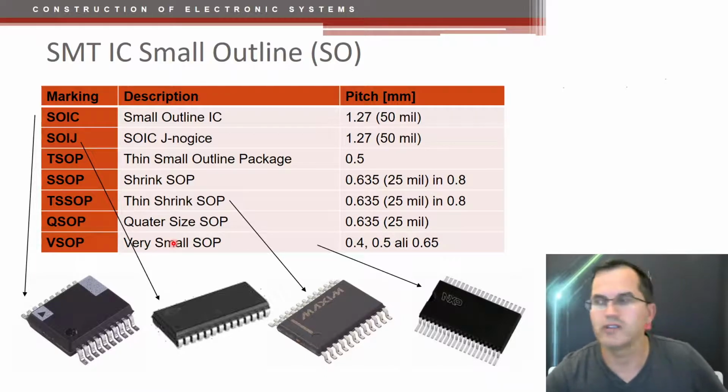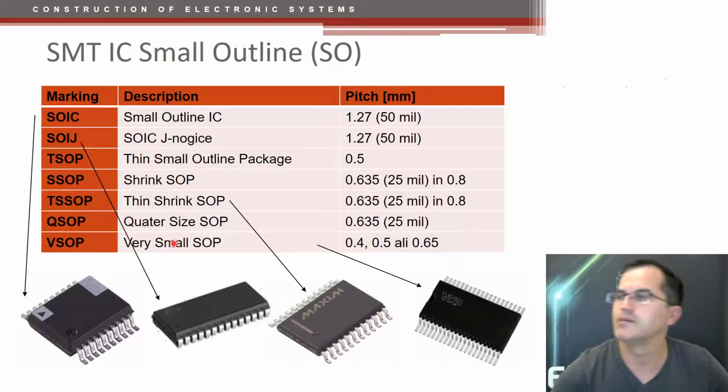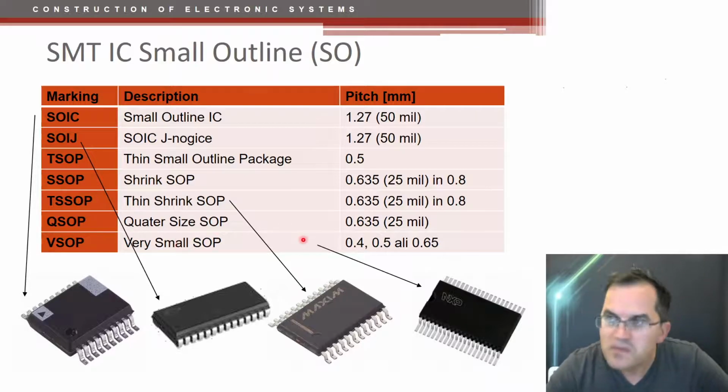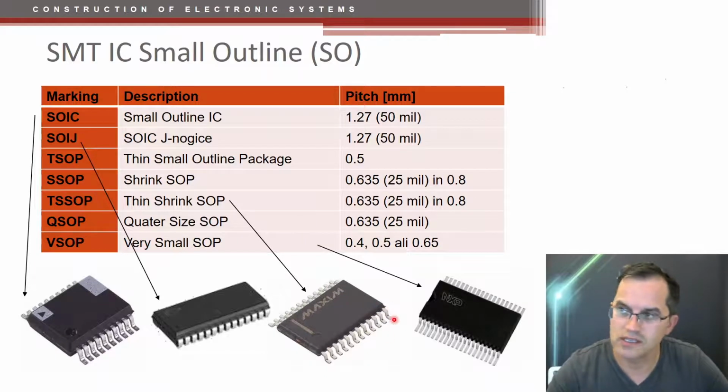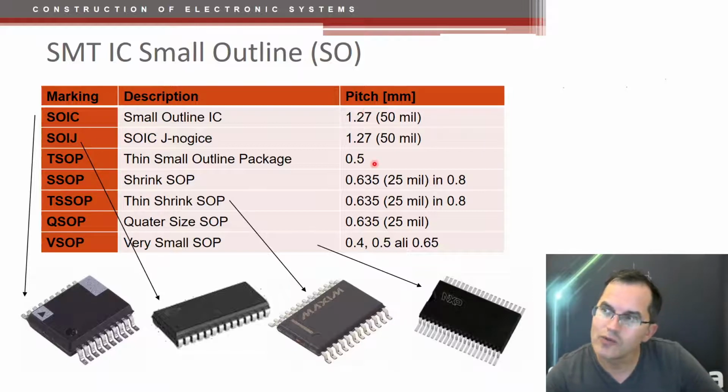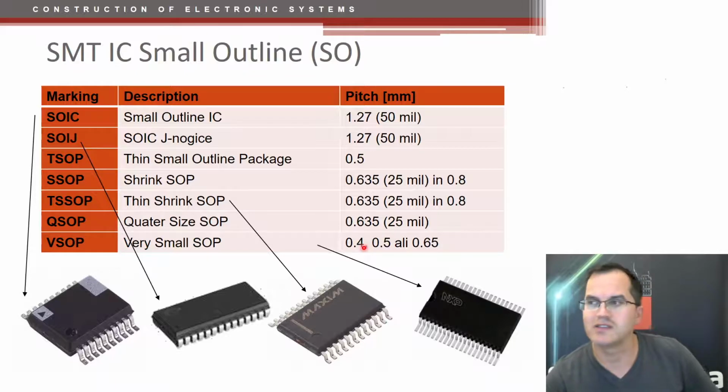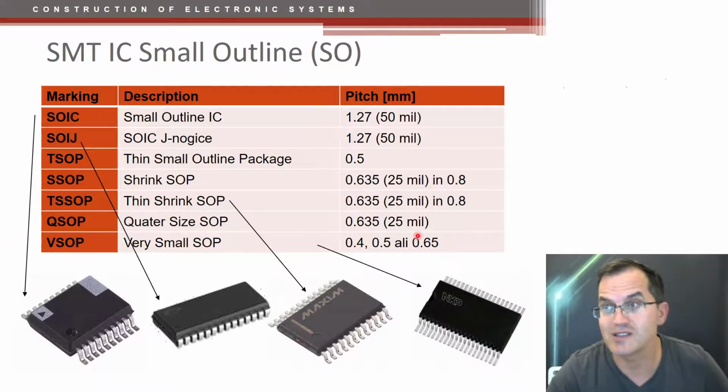So yeah, they are running out of small words, and they are really small. The pitch, which is the distance between two adjacent pins, is going from 1.27 to 0.4 millimeters in the smallest case.